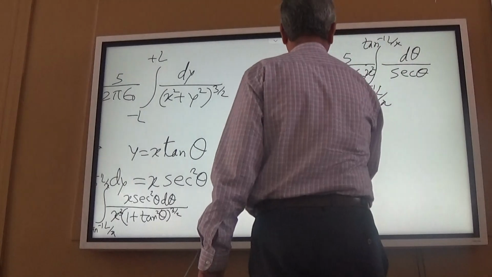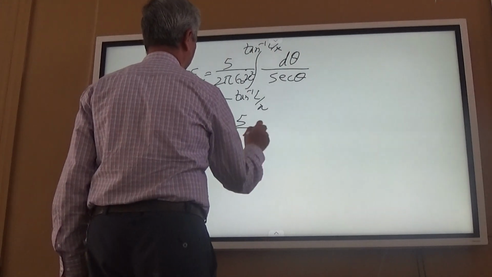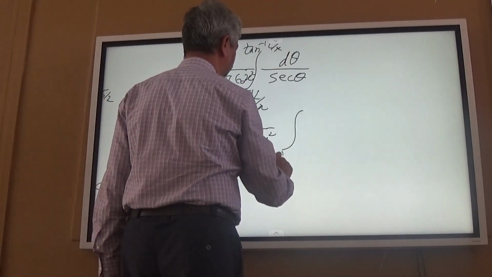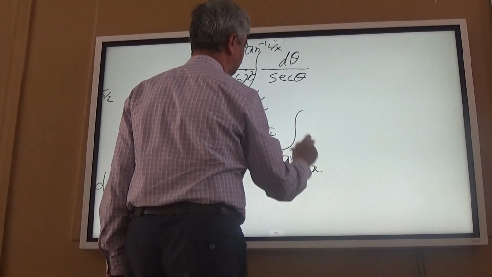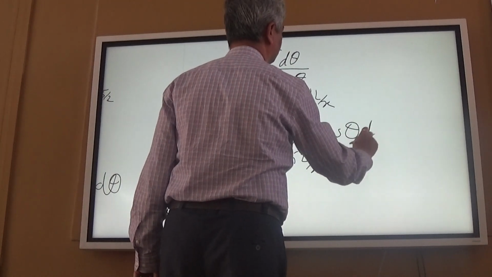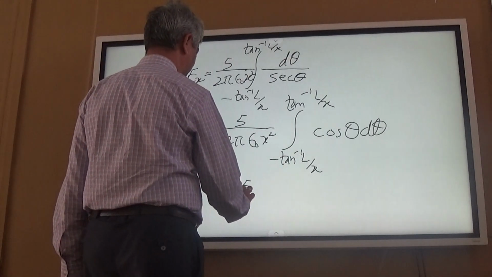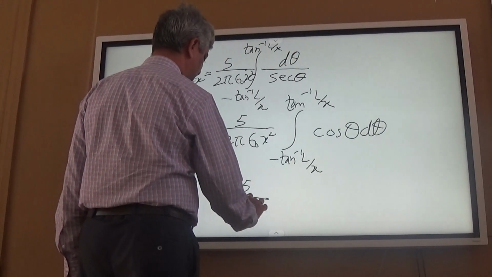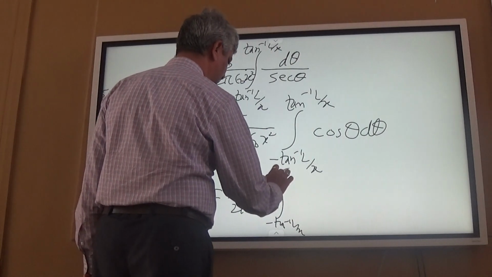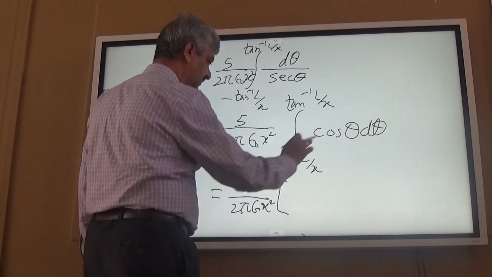So this becomes equal to five upon 2 pi epsilon naught x square cos theta d, right? So this is sin theta.